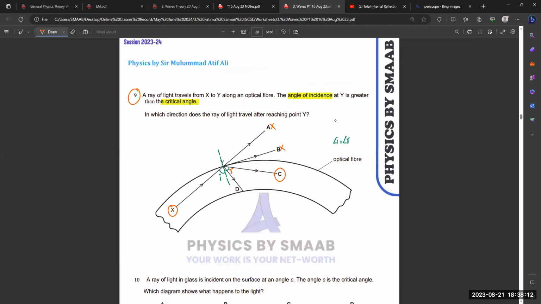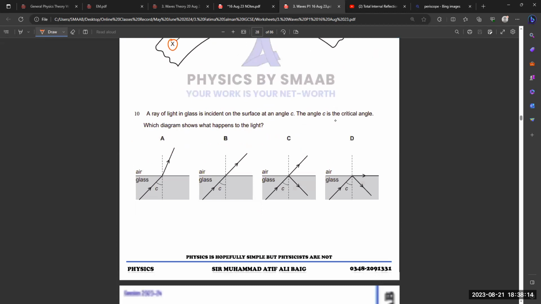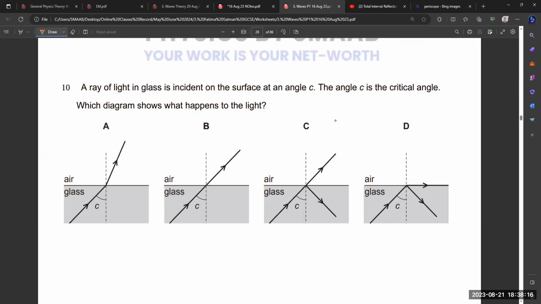If we consider some other questions, question number 10. A ray of light in glass is incident on the surface at angle C. C is the critical angle. Which diagram shows what happens to the light?